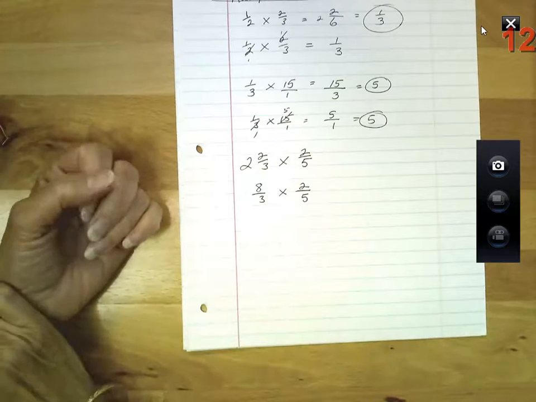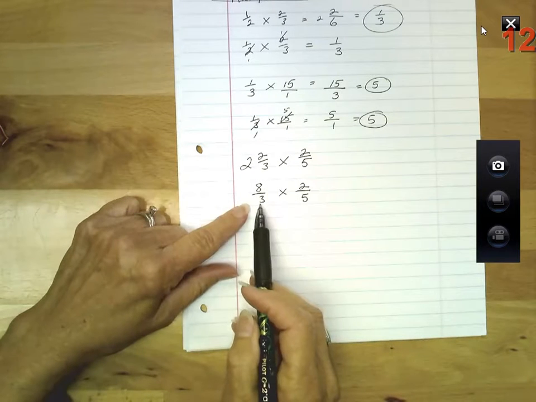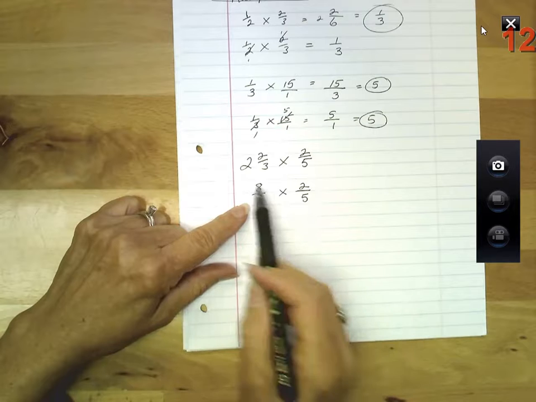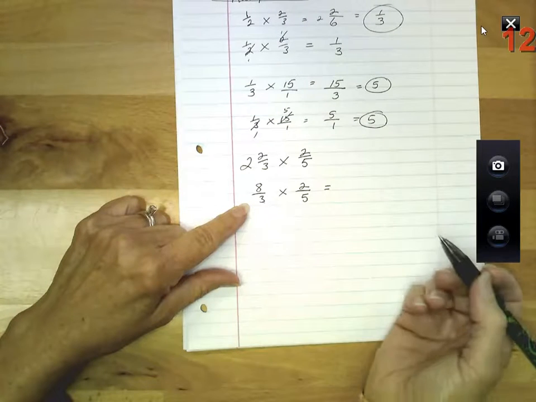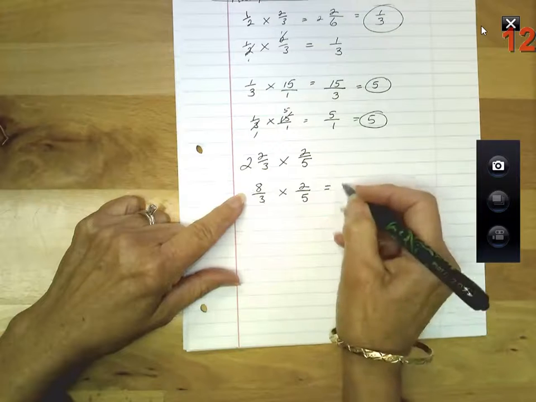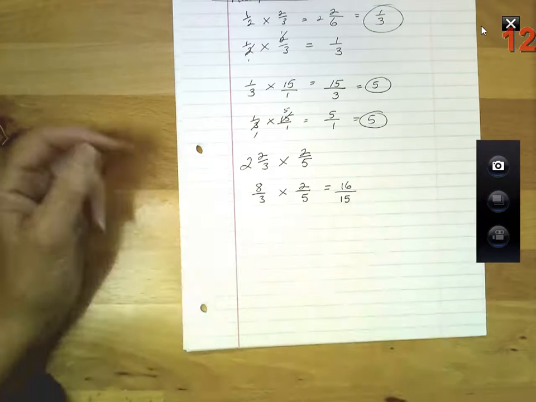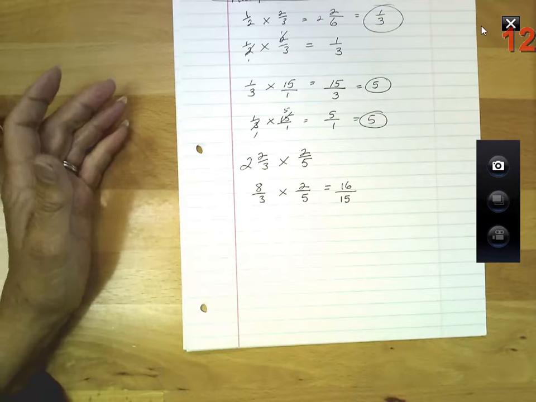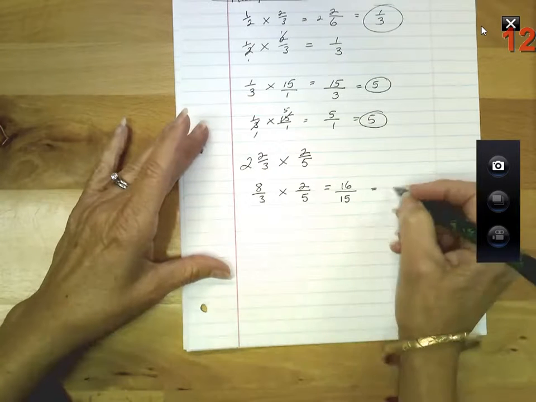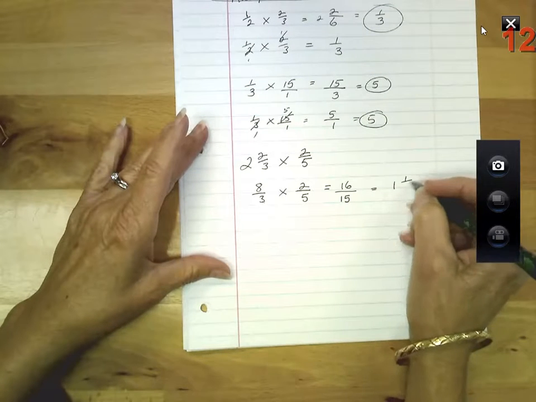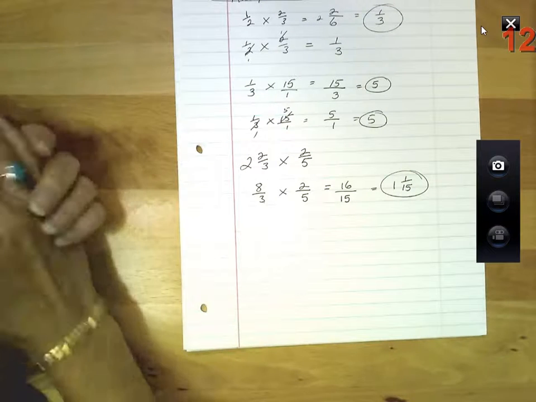You can't leave it in mixed form. You have to make it improper. Check to see if anything will cancel. It will not in this one. So multiply your numerators, multiply your denominators, and then see if it's in lowest terms. It is not. So 15 will go into 16 one time with 1 left over. So 1 and 1/15. Questions?